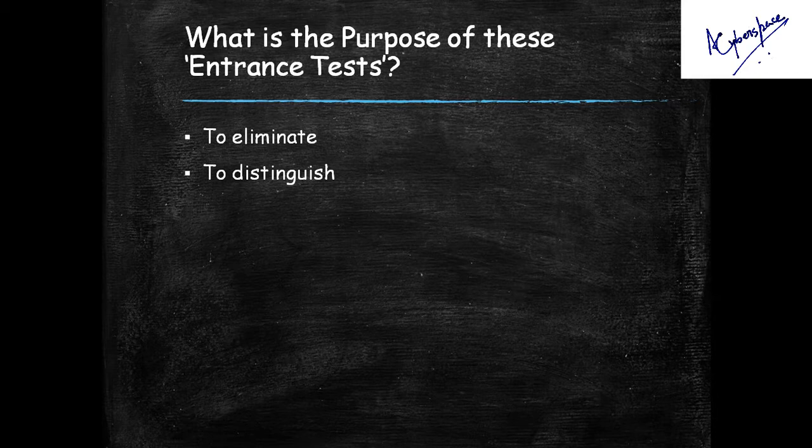And the second purpose is they want to distinguish among the brighter students and the other students. So they try to eliminate and try to distinguish among the examinees, and that's why these tests are usually very, very difficult.